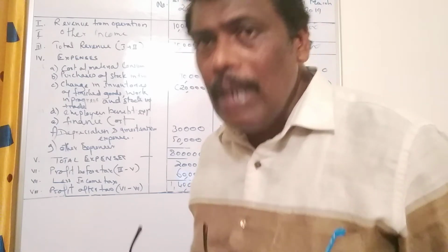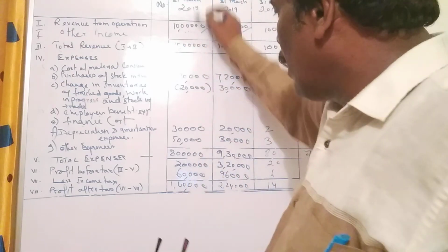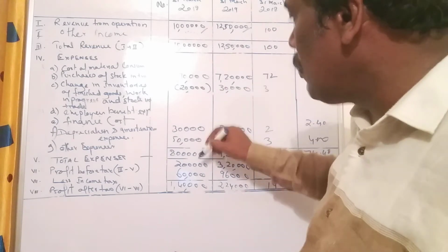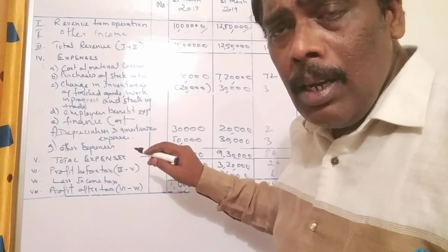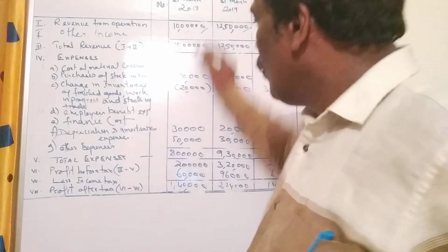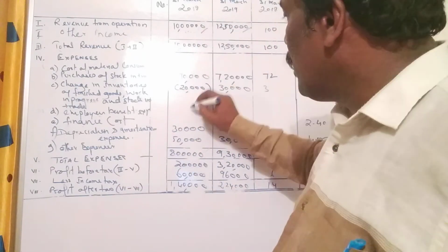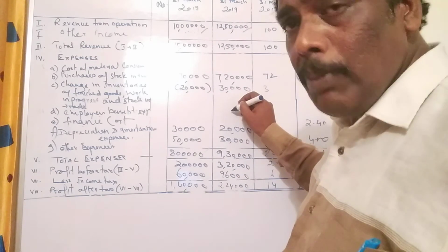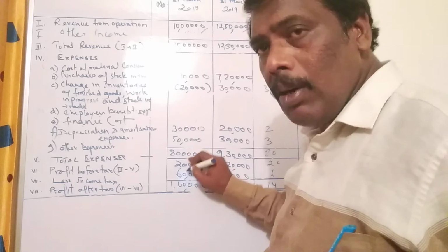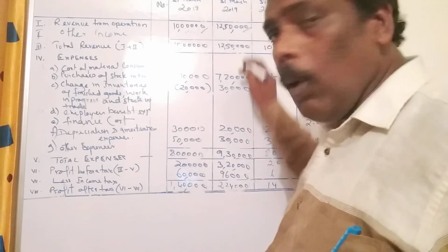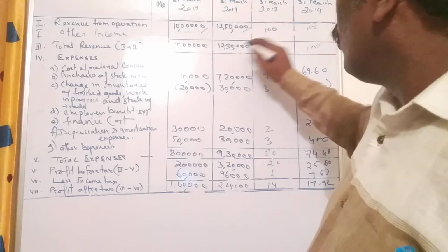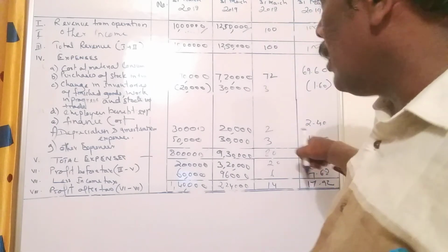Then how has the comparison to be done? There are two amount columns, and in these we record the details as per the numerical. The first column is meant for previous year and the second column is meant for current year. All the previous year information is recorded here, and all the current year information in this column. Then we have to find out the percentage.